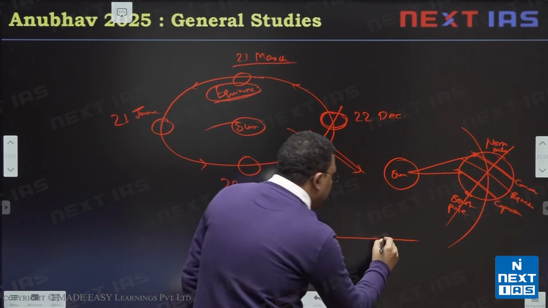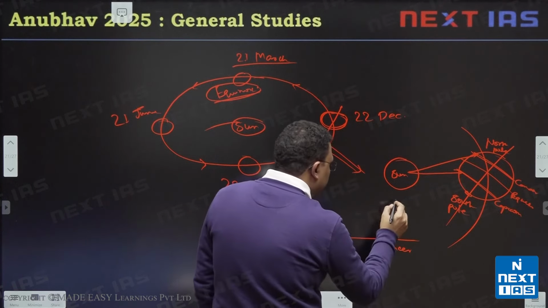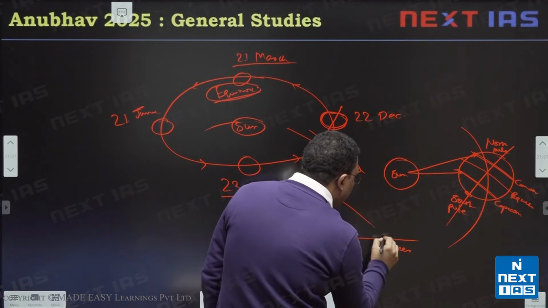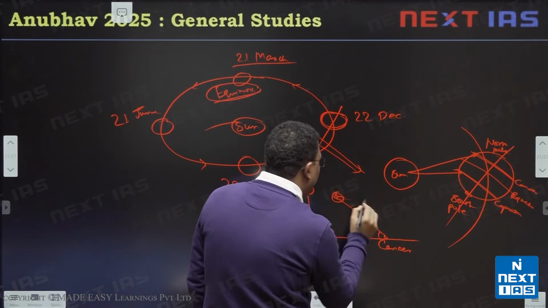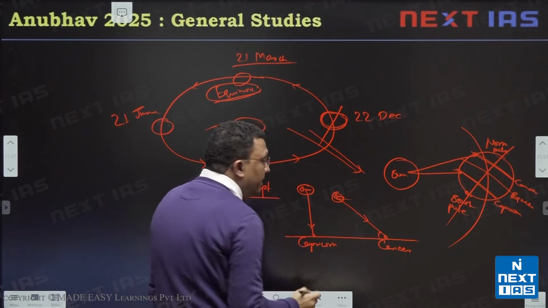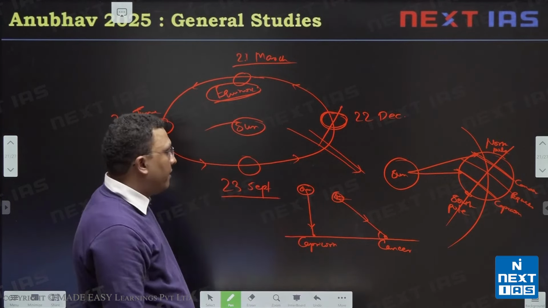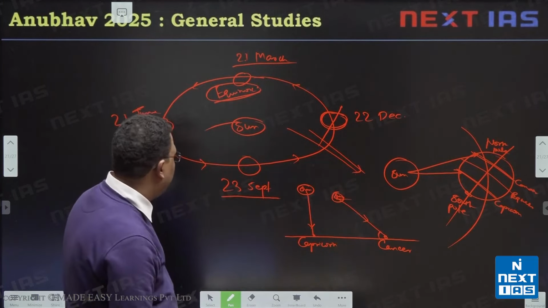What is the case at Tropic of Cancer? For this, Sun rays will appear coming at an angle, right? So for a place on Tropic of Cancer, Sun will appear at its lowest height, right? So this is what happens on the 22nd December.